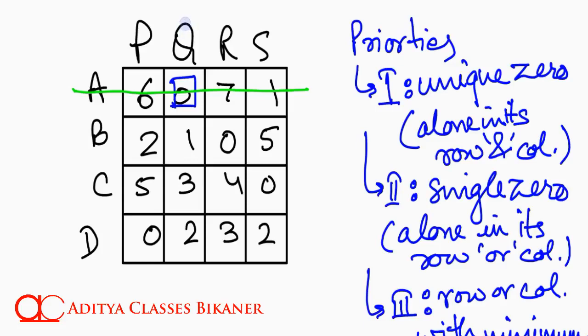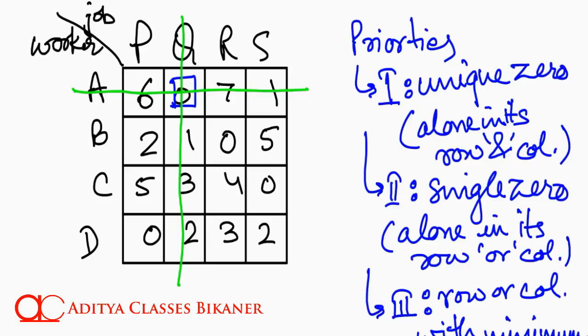And what about Q? Task Q has been performed by worker A. So now neither worker A nor job Q will be entering in my matrix.